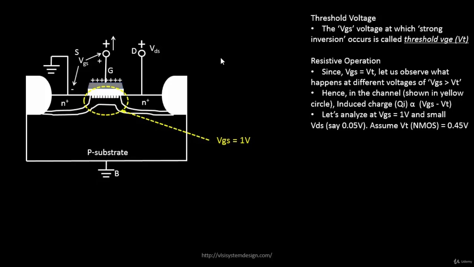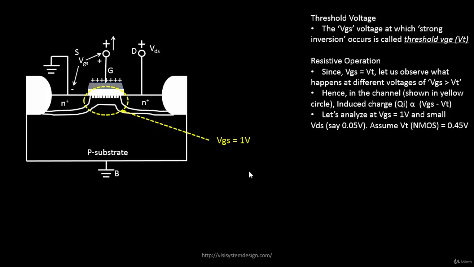Let me explain a few things early on. Whenever VDS is less than VGS minus VT, things behave differently, and whenever you have VDS greater than VGS minus VT, things behave a bit separately. We'll talk about this behavior in some time. For example, right now let the VDS be very small, 50 millivolts, 0.05 volts, and assume that the VT for this NMOS is 450 millivolts or 0.45 volts.